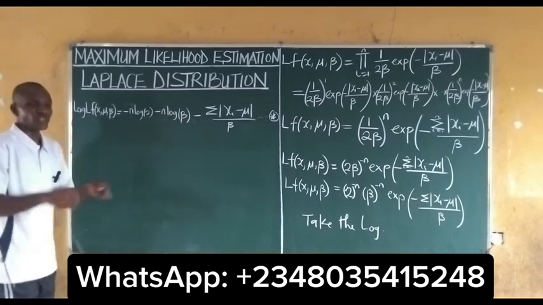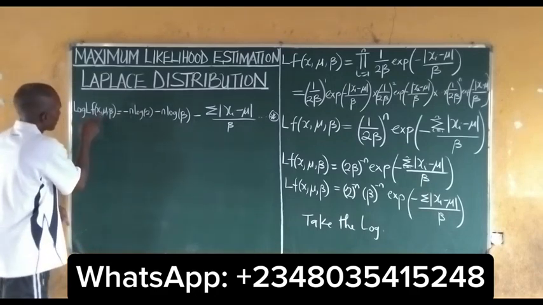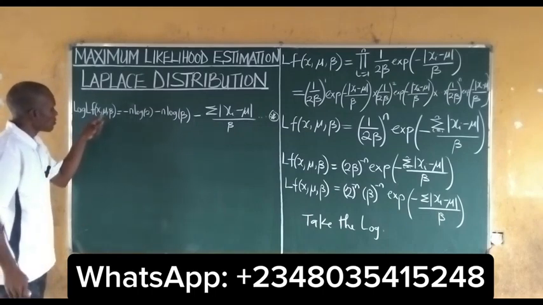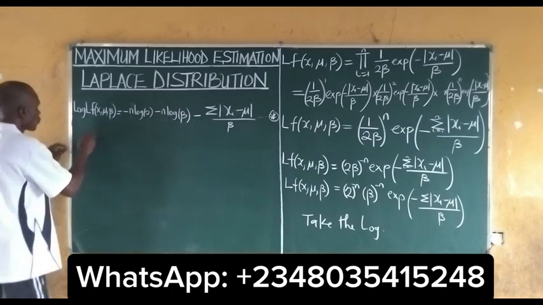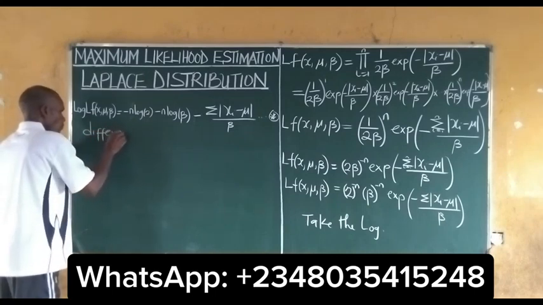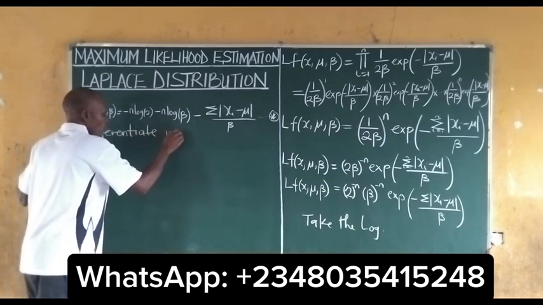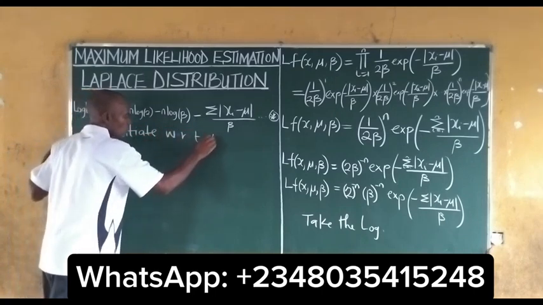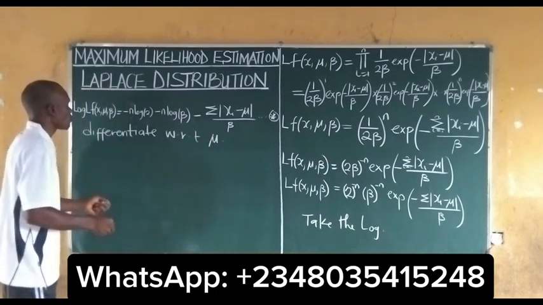The next thing to do is to differentiate with respect to mu. The mu, like we have already said, is our location parameter. To get the estimate of mu, we have to differentiate with respect to mu.